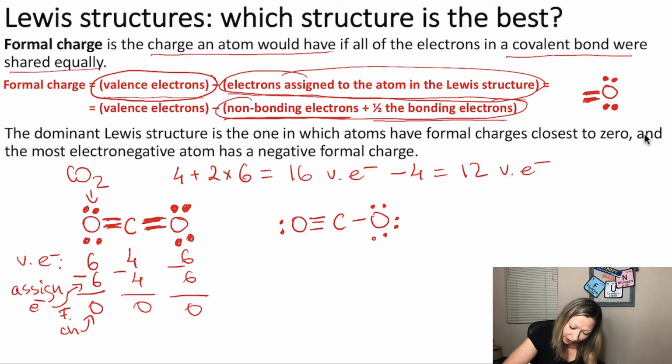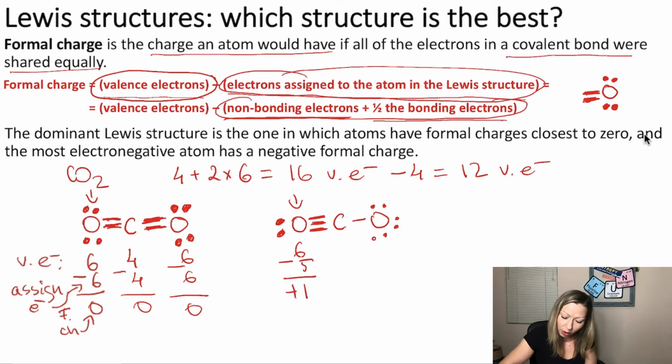So let's start with the first oxygen atom. We have 6 valence electrons minus the number of sticks and stones. 1, 2, 3, 4, 5. So minus 5 is going to give us a +1 formal charge. Then let's do this carbon atom. So we have 4 valence electrons minus 1, 2, 3, 4. So that's going to be a 0 formal charge.